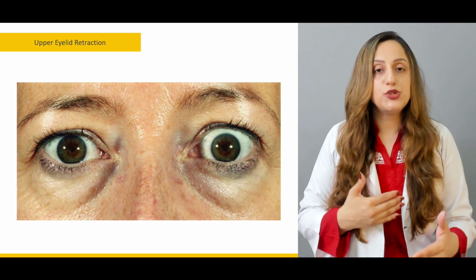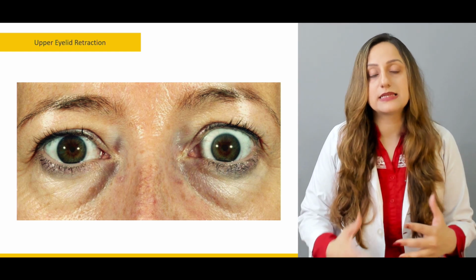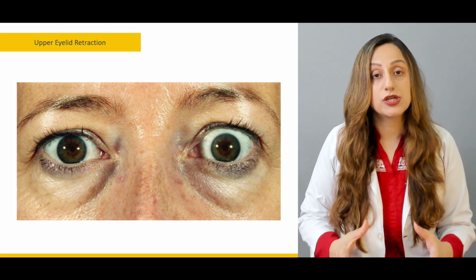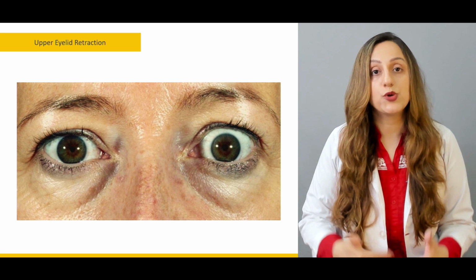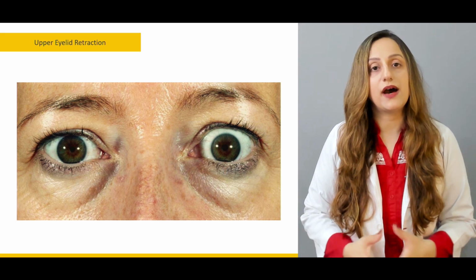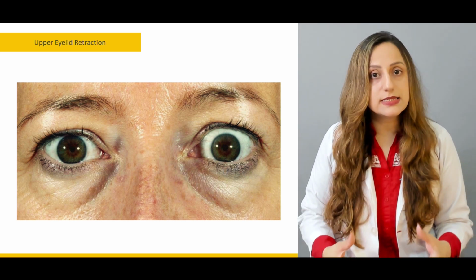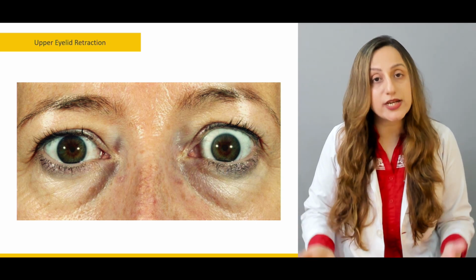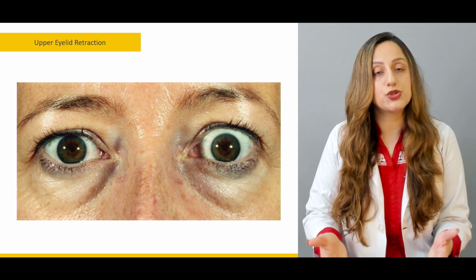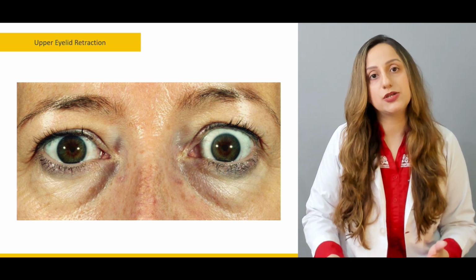So you can list these causes as such. First and foremost, TED, that is thyroid eye disease. Then we have the traumatic cases. Thirdly, we have the infectious causes or chronic infections, which can again relate to upper eyelid retractions.